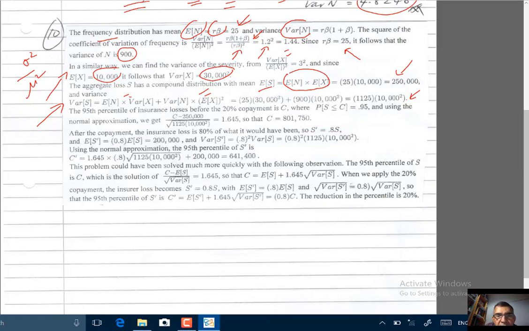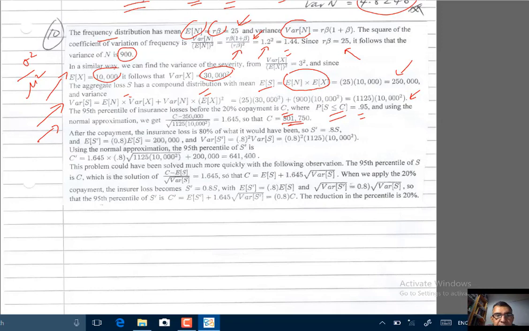The 95th percentile of insurance losses before the 20% co-payment is C, where probability S less than or equal to C equals 0.95, and using the normal approximation we can work out C as 801,750. Not hard to do.